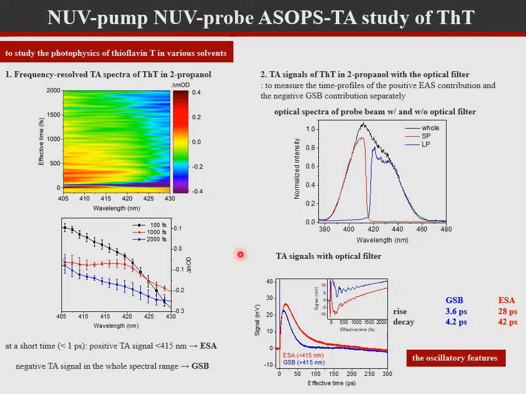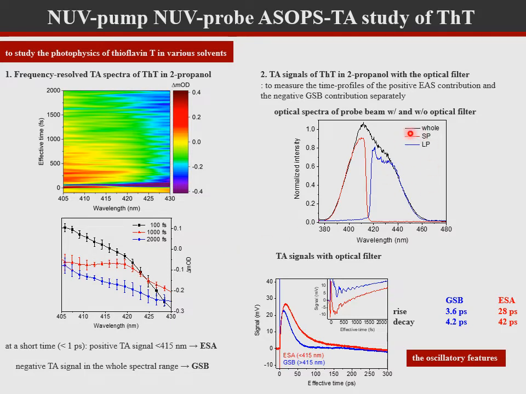At short times, below 1 picosecond, there appears a positive transient absorption signal in the wavelength region below 450 nanometers, which is called excited state absorption, induced by the absorption from a lower excited state to a higher excited state. The negative TA signal, originating from ground state bleaching due to the depopulation of the ground state by photoexcitation, appears in the whole spectral range of the probe beam.